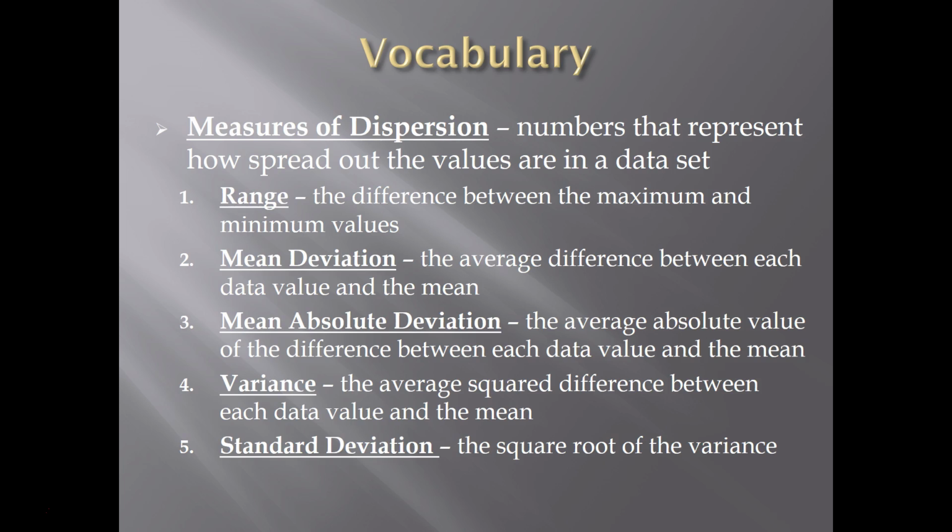There's an important distinction between these two. The measures of dispersion are lumped together, like we're doing here in section 1-3. The measures of central tendency were lumped together in section 1-1.